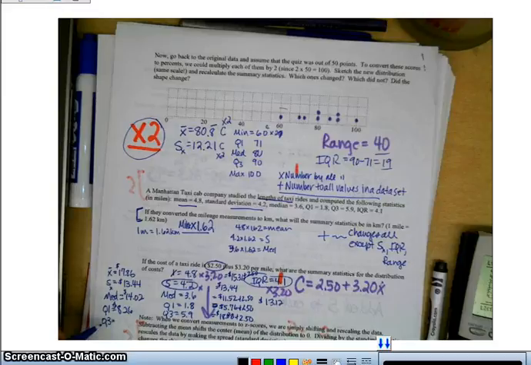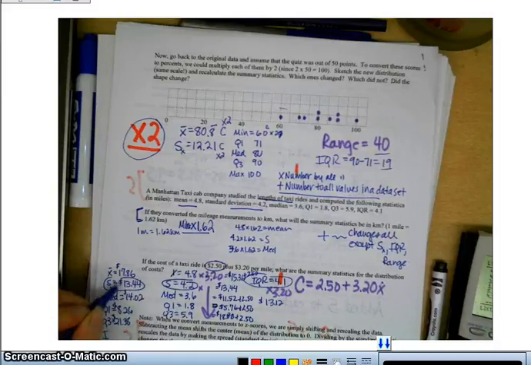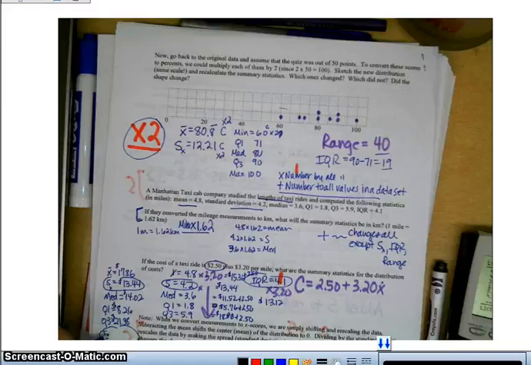Q3, 18.88 plus 2.50 is $21.38. And then the IQR is not going to change by addition. So these are not affected. The range, if we were finding the range, would also not be affected. The IQR remains the same at $13.12.